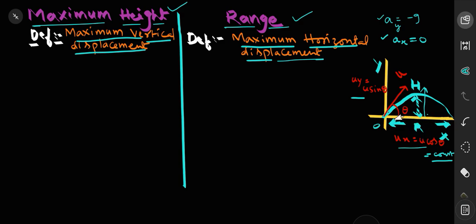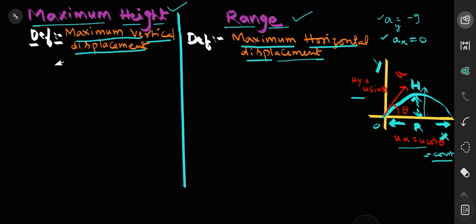The distance between the point of projection and the point of landing is called the range. This is the maximum horizontal displacement, and height is the maximum vertical displacement.